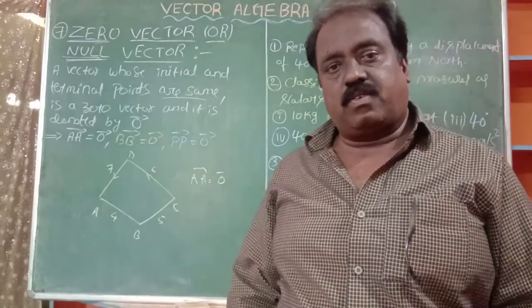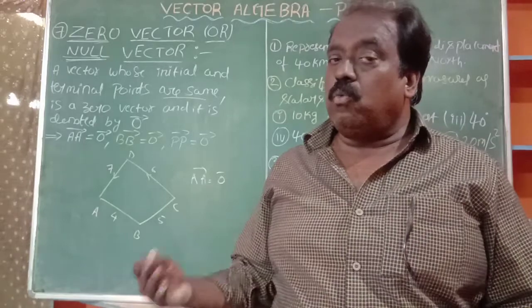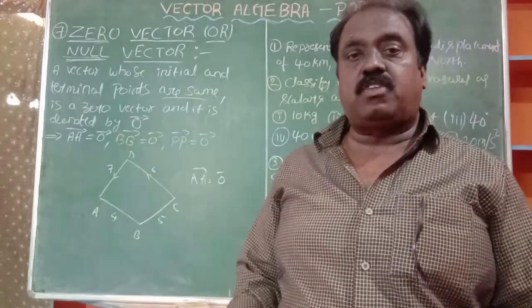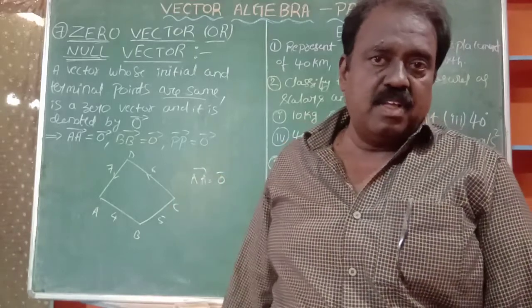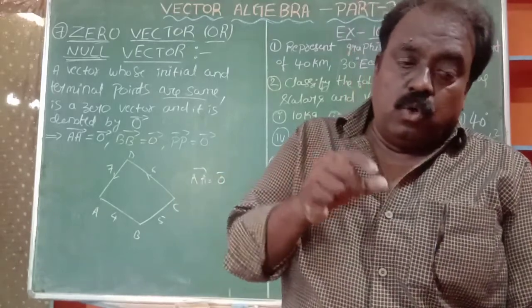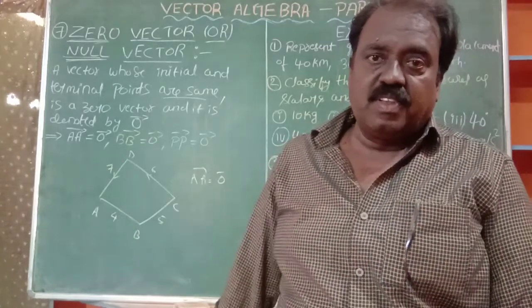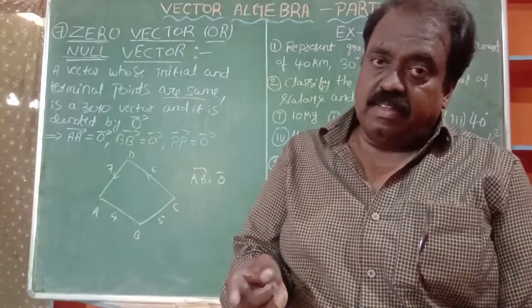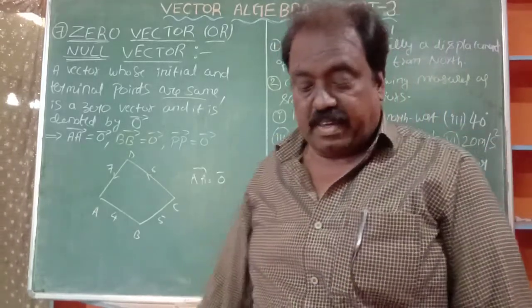Collinear vectors: 2 or more vectors are said to be collinear if they are lying on the same line, either in the same direction or opposite direction also.